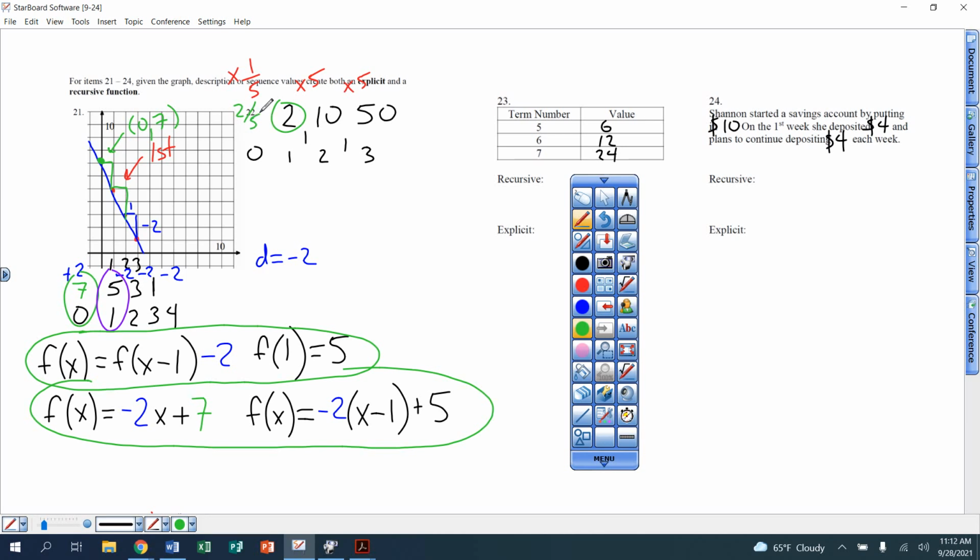If I write this in recursive, here I go, recursive. Times 5. Get in the habit of writing that first term 2 for this one. That 2/5 is not the first term. Explicit, be able to write both.